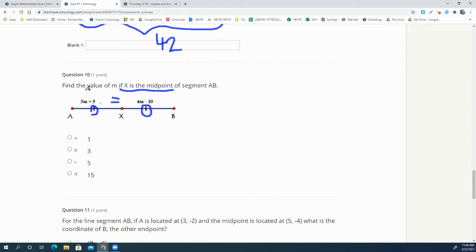So our equation is 3m plus 5 equals 4m minus 10. And then you just solve that. I'm going to subtract 3m from both sides, and I'm going to end up with m on the right side. And then I'm going to add 10 and get 15 on the left side. Am I done? Find the value of m. Looks like I'm done. Yeah? Okay.